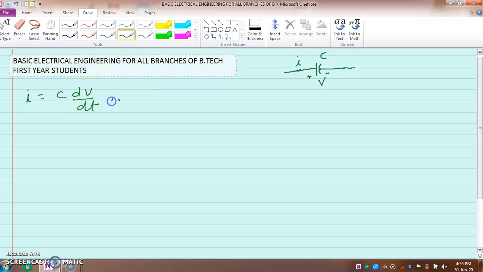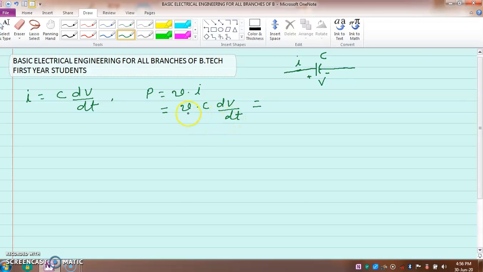Now for the power relation, I am going to again find power equal to V multiplied by I. Putting the value I equals C dV by dt, the power equals this much.